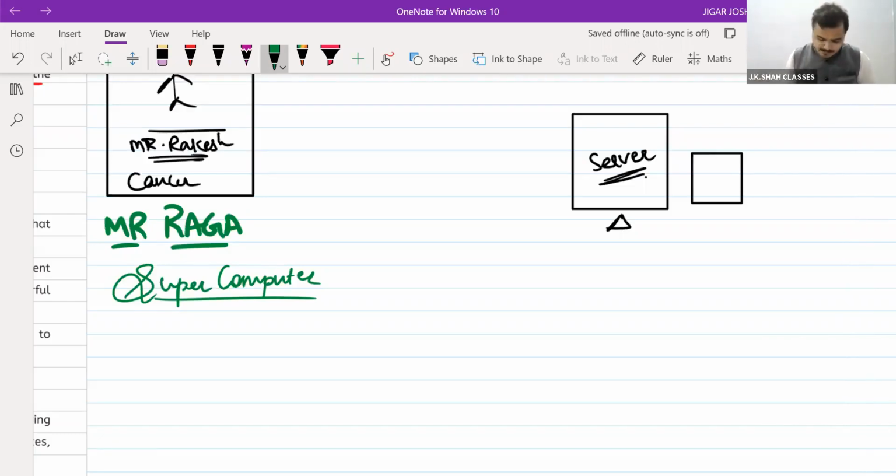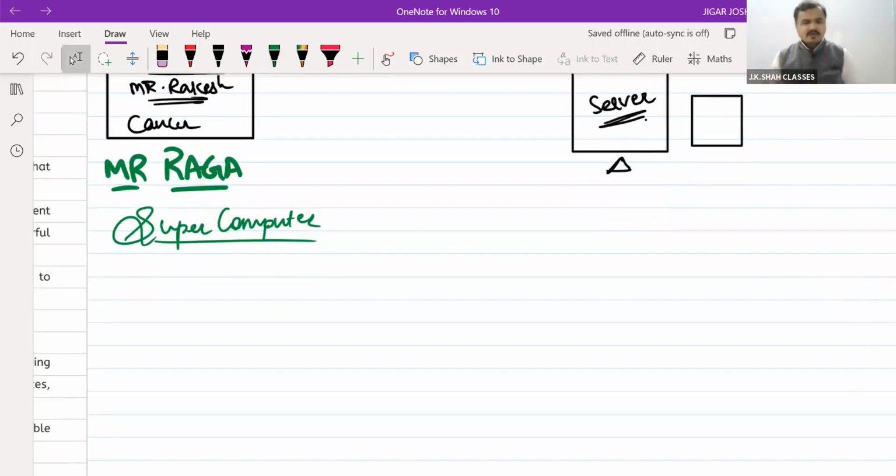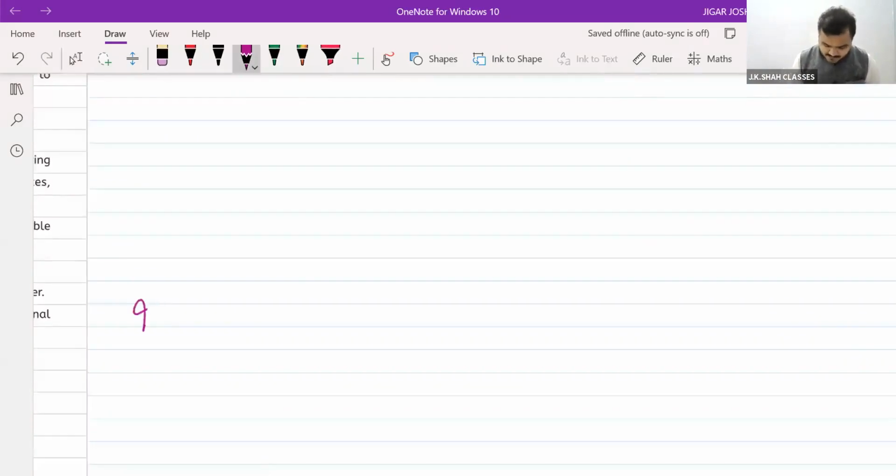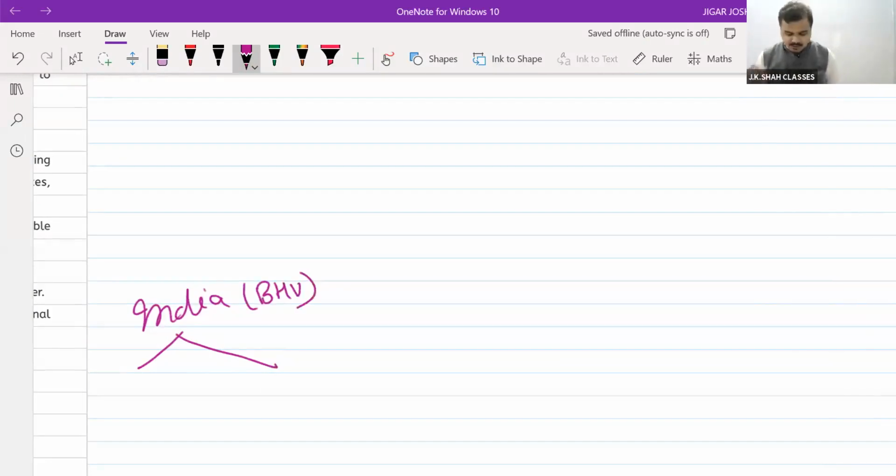So let me tell you, people. First of all, let me give you the history of the supercomputer. In India, we have two supercomputers. Both were manufactured at BHU, Banaras Hindu University. The one from the 1990s was called Shivai, you can search for this.